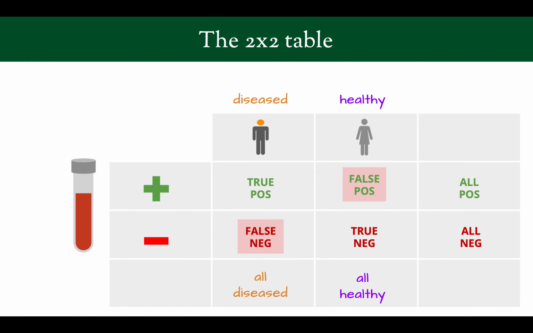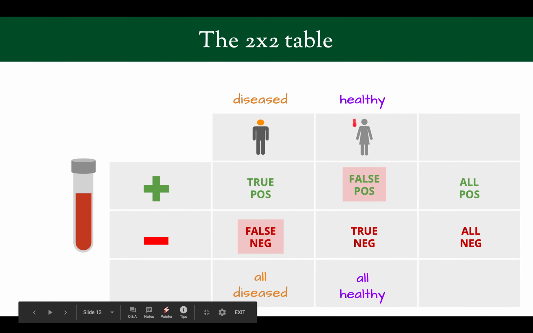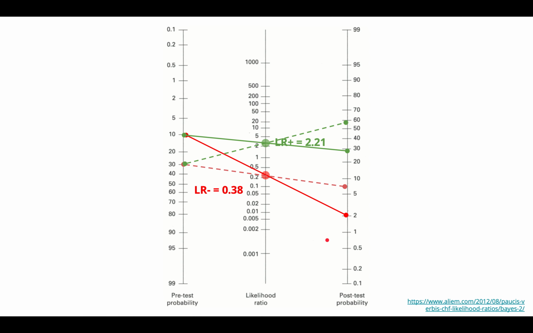The 2x2 table you're going to see probably on board exams, and so understand this, and that's why I put it here again. The diseased and healthy is on the vertical, and on the horizontal are going to be the test state, positive or negative. And really, we talked about many different ways of going from pre-test to post-test probabilities.